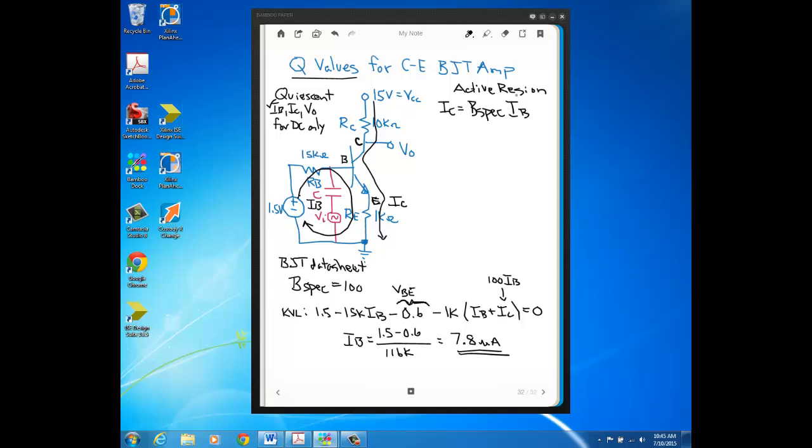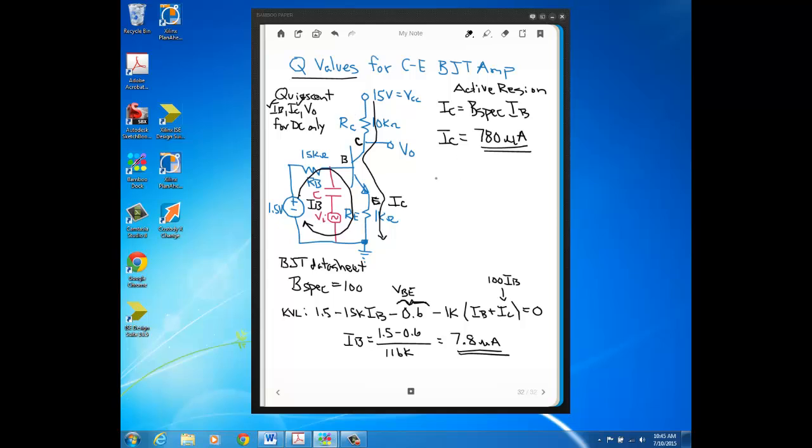You can always assume this in this class, and if we're analyzing a BJT amplifier, this will always be true because we'll always be in the active region. So IC is just 100 times IB, so it's going to be 780 microamps. So that's two of the three.